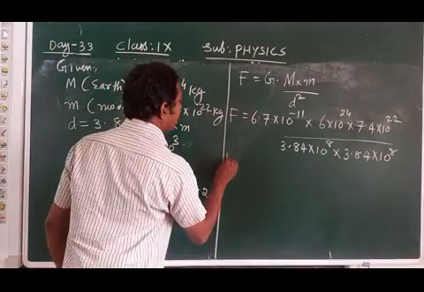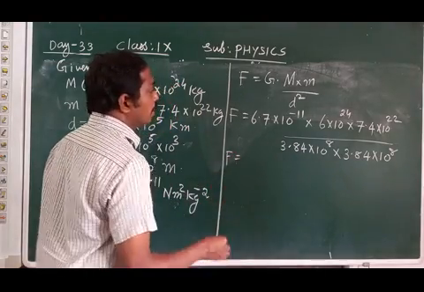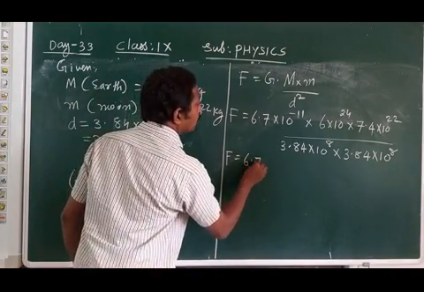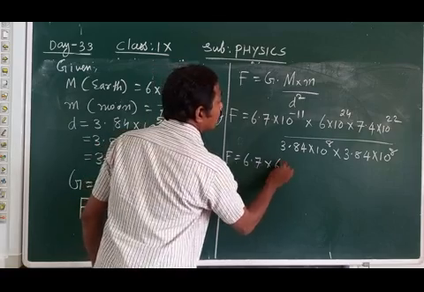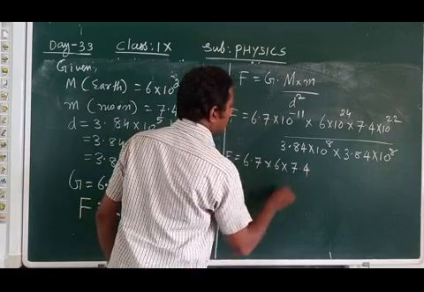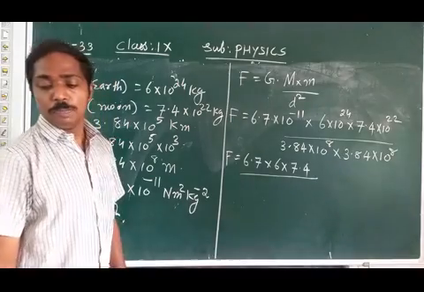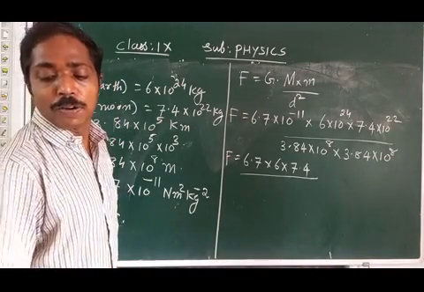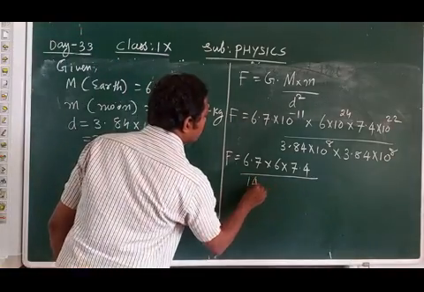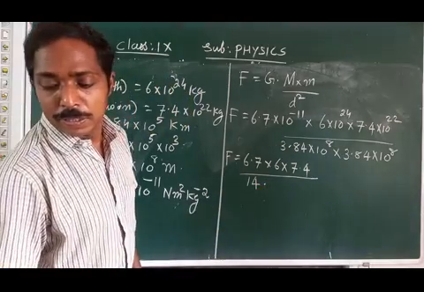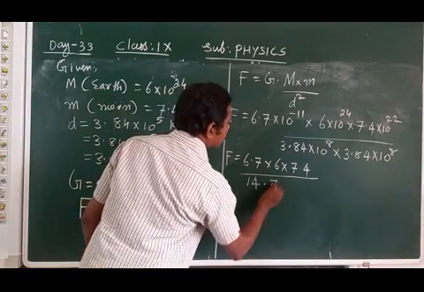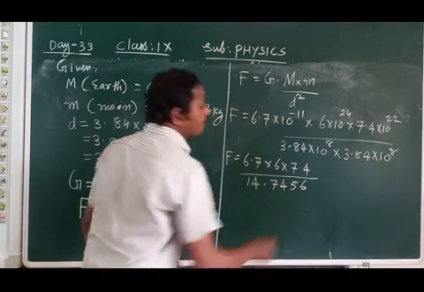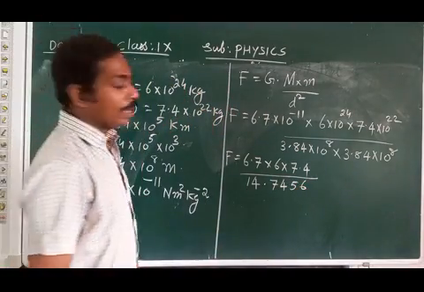When we simplify, F equals G, 6.7 into 6 into 7.4, divided by 3.84 into 3.84, which is 14.7456.